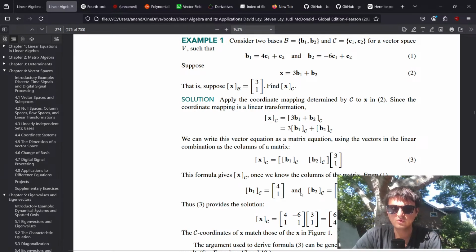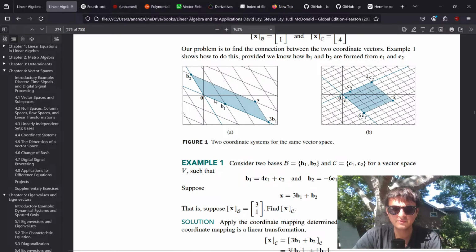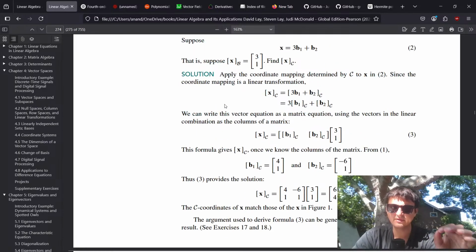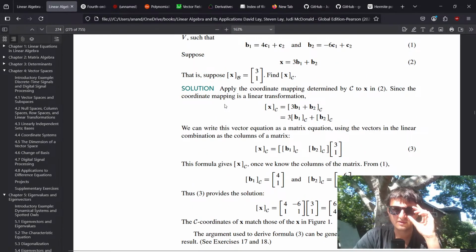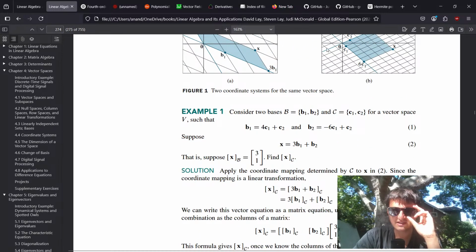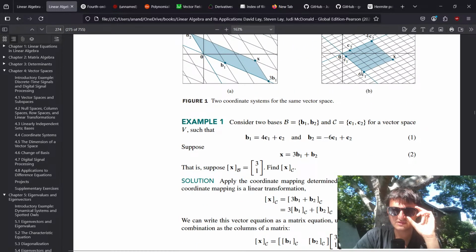Right, so if you gave (1, 0), that would correspond to this point, because you're talking about stuff in B. But what this is saying is that you actually have to take 4 steps, or you have to go 4C1 plus C2 in order to get to B1.